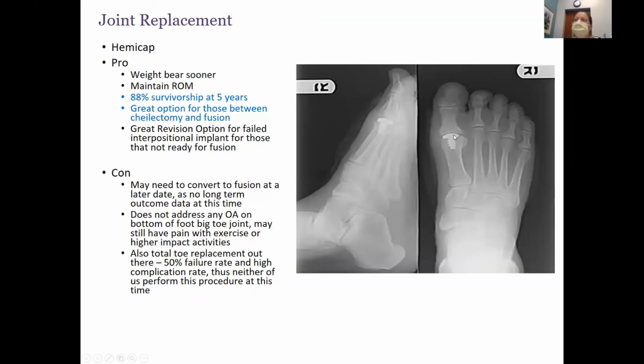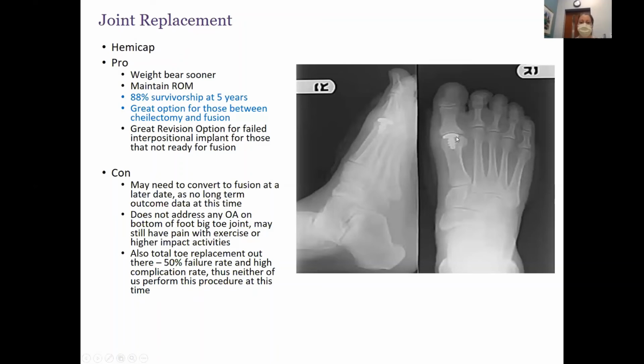However, I have gotten away from performing it after my clinical results, as well as other foot and ankle physicians around the country, were not seeing the same clinical results as what was reported in the literature that got an FDA approval in the first place. So in terms of that option, there is something called that interpositional arthroplasty that is still out there.